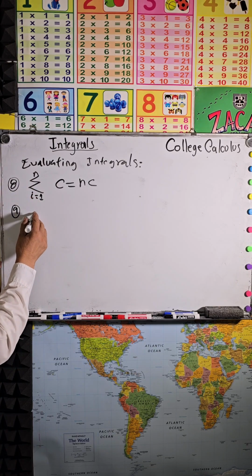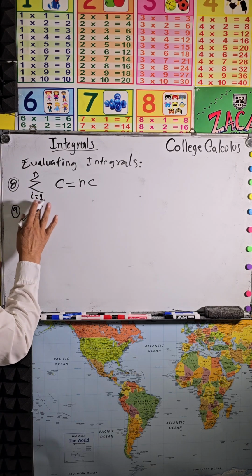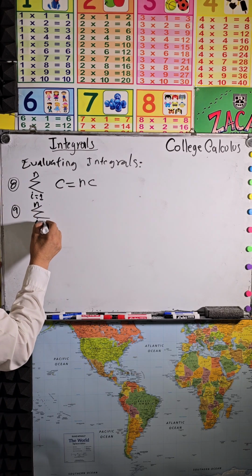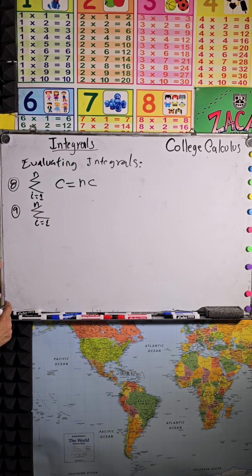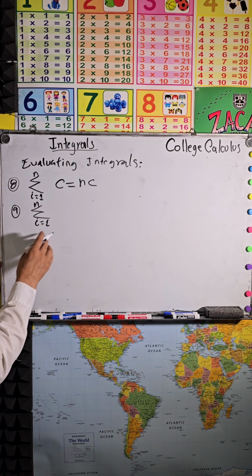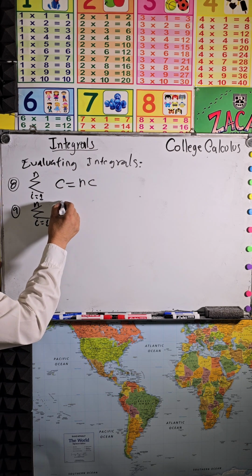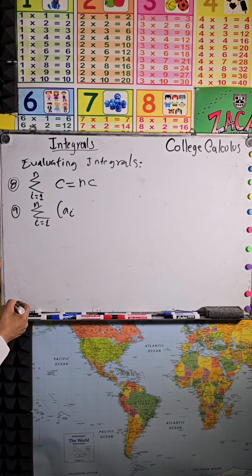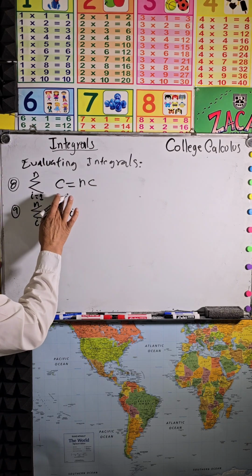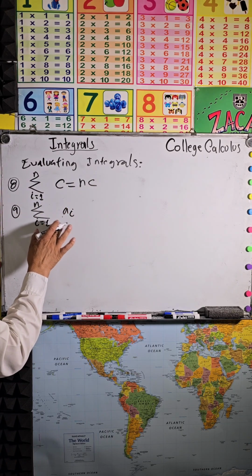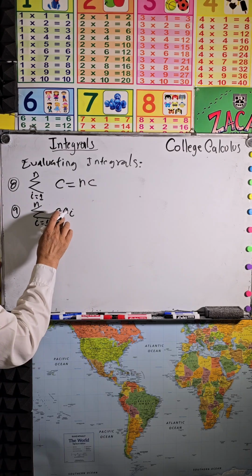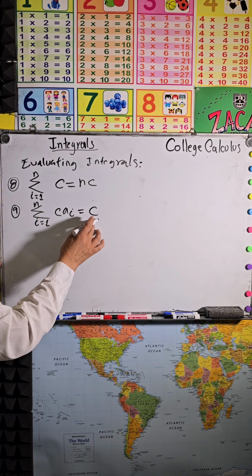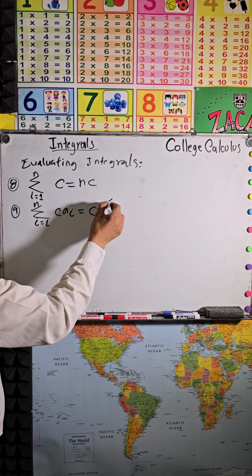Number 9, we will have a sigma again, sigma i equals 1 to n of c times a i equals c times the sigma of a i. This is a constant, okay? Constant.